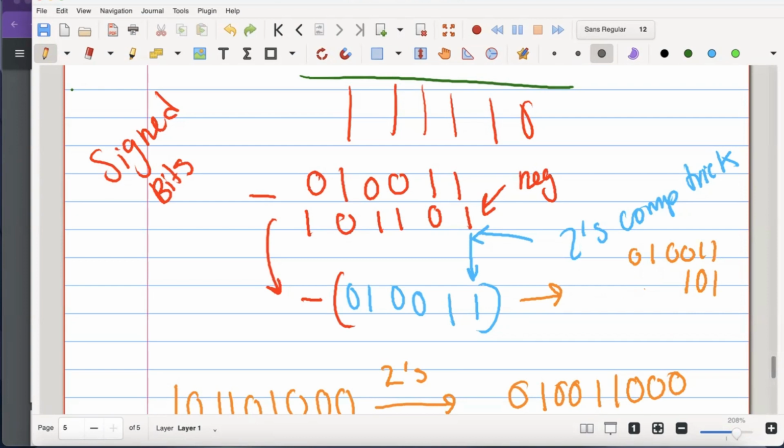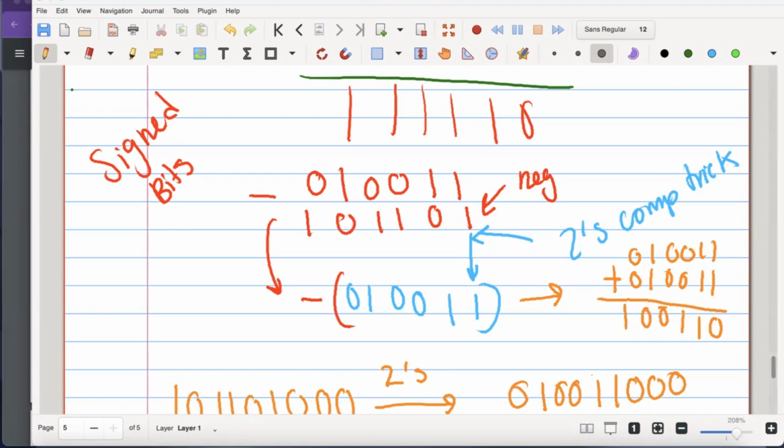But we converted it, so now we have 1, 1, 0, 0, 1, 0. And now we add, because once we take the 2's complement, we're adding these two numbers together. This is 0. We have a carry. 1. We also have a carry. That's 1, 0, 0, 1.